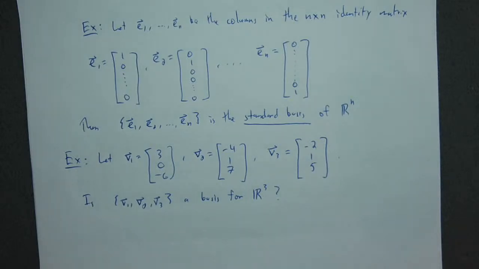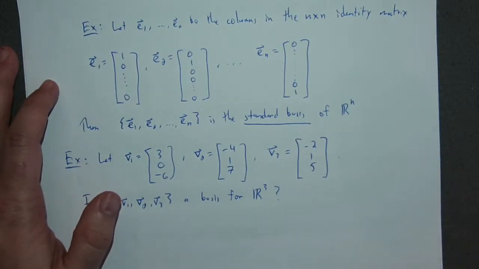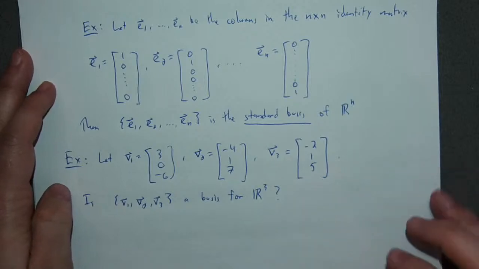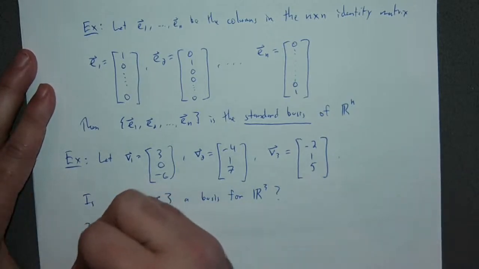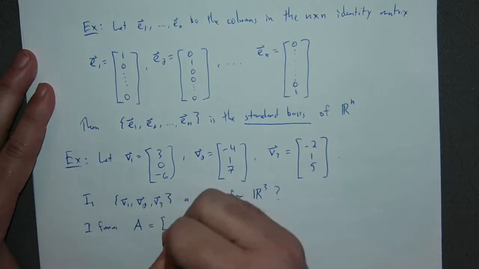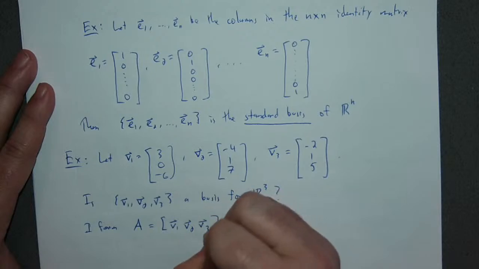That's something we could use. Or we could just form the matrix in question and ask ourselves some relevant questions about it. So to check, I form A, which takes those vectors as its columns.